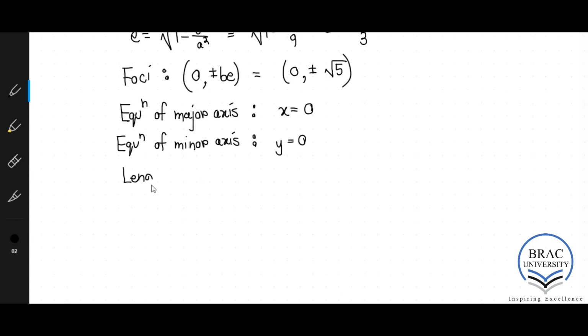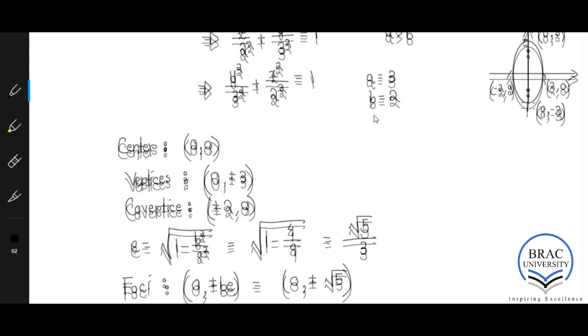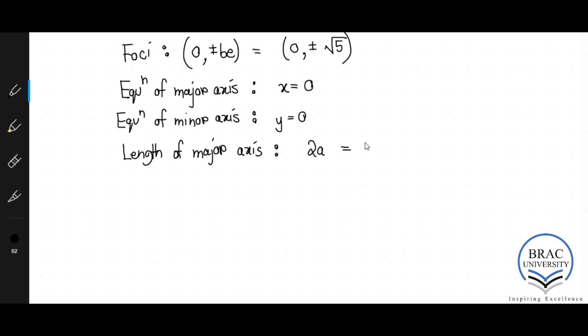So length of major axis is supposed to be 2a, right? So 2a, a was 3, so we have 2 times 3, which is 6. Length of minor axis is 2b, which is equal to 4. So these are my lengths.